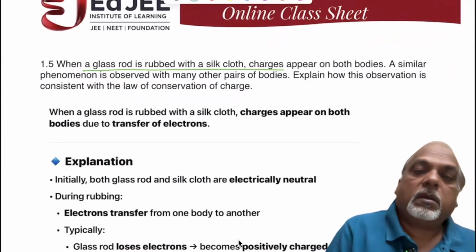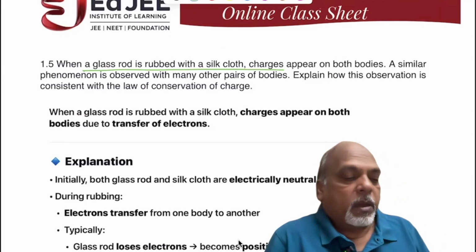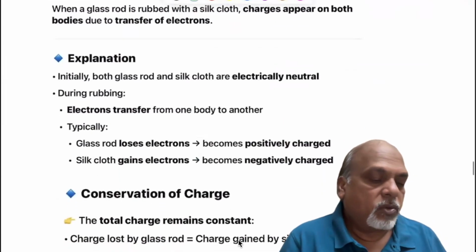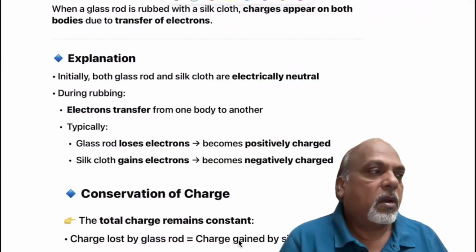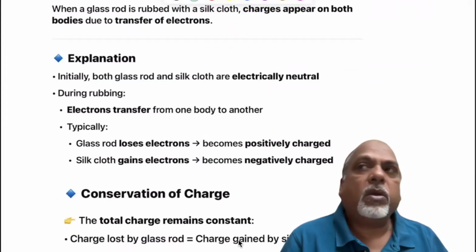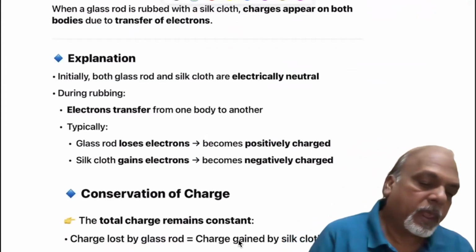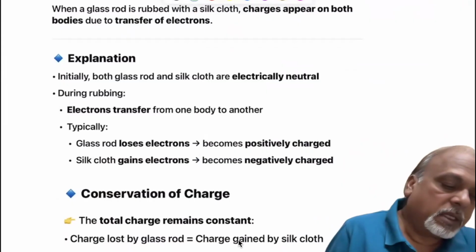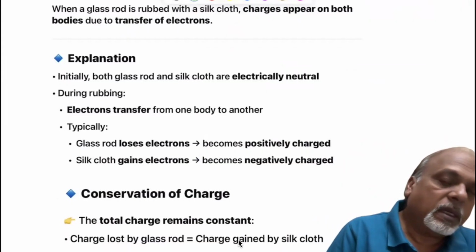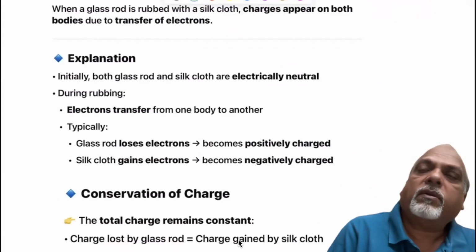Glass rod loses electrons. If it is losing electrons, then what will happen? It will be positively charged, and silk gains electrons, so it will be negatively charged. So there is a transfer of electrons from one to the other. Correct?